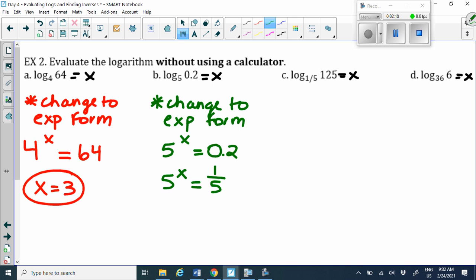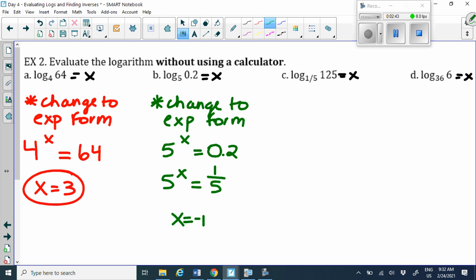It's negative, right? So when we go from a whole number to a fraction or vice versa, we always have a negative exponent, okay? Now let's think, we're going to think about this 5 and the 5 in the denominator, okay? 5 to what power gives us this 5 in the denominator? Well, that's going to be 1, okay?